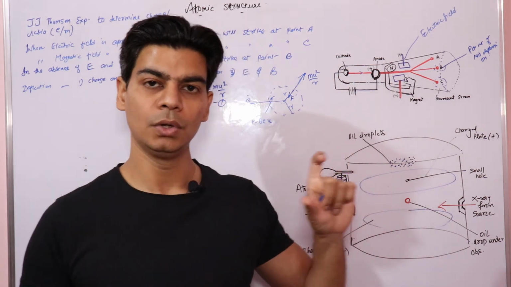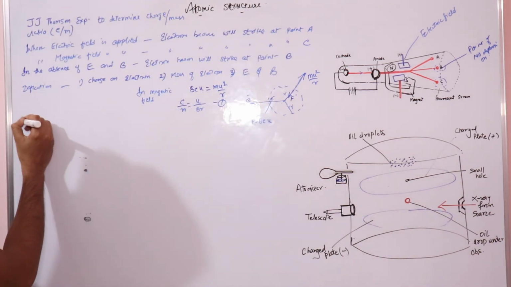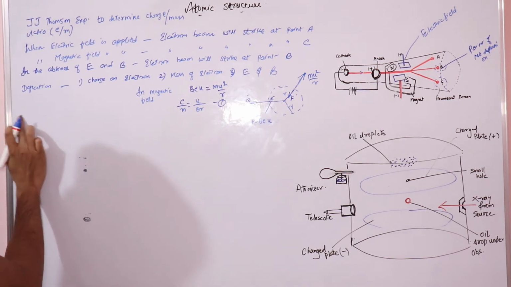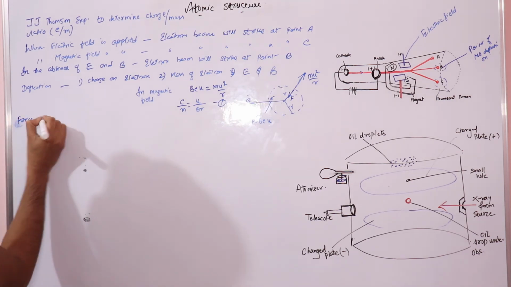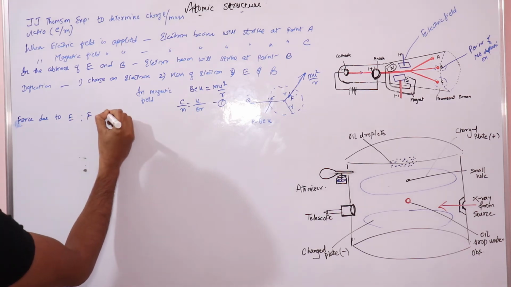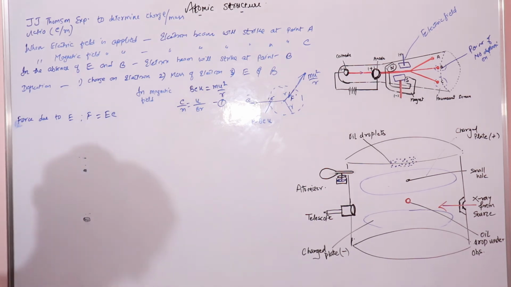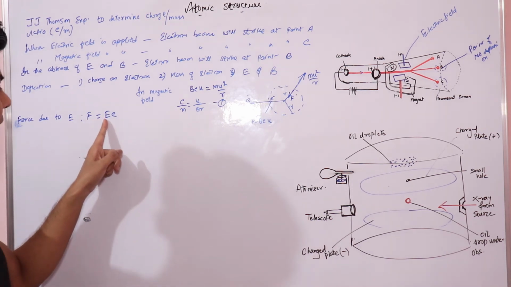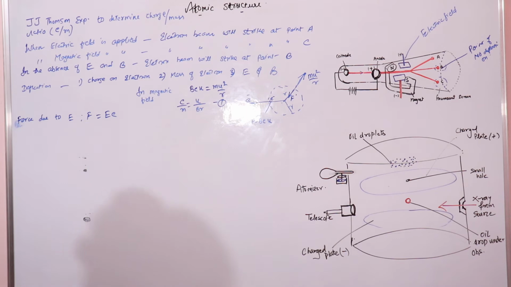Force we know is equal to charge times field. So the force due to electric field E is equal to eE. Small e is the charge on the electron, capital E is the magnitude of the electric field.